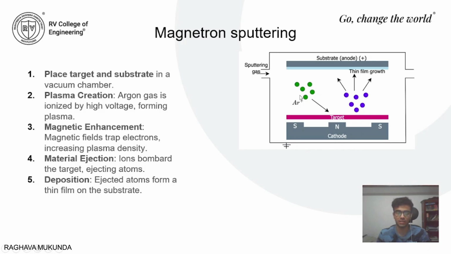Argon gas, which is a neutral and inert gas, is filled into the chamber, and a voltage of 2000 to 3000 volts is created between the anode and cathode. This ionizes argon to argon plus, and the magnets help in collimating the plasma beam from the cathode to the anode. The argon ions pass through the target, pick up a few metal atoms, and these are then coated onto the substrate.